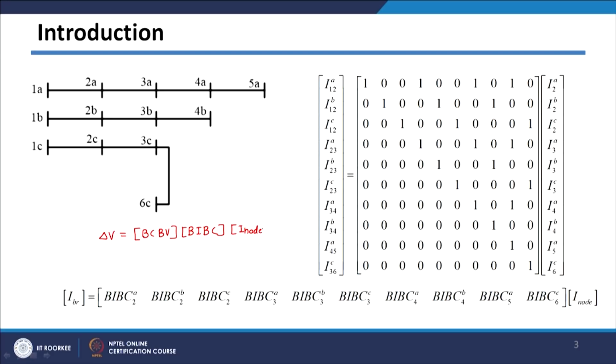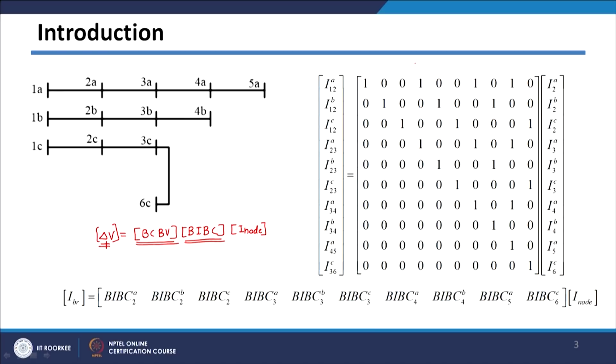This particular equation we have solved to get the load flow problem solved. In this case, the voltage difference between the actual bus voltage and the source bus is given by this delta V matrix, and we have these two matrices, BCBV and BIBC.